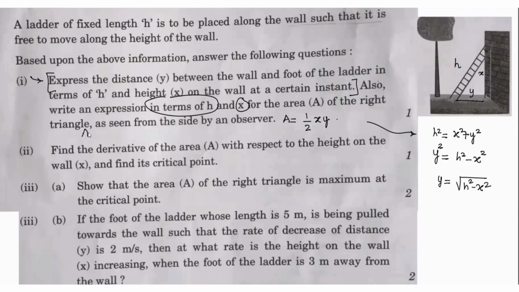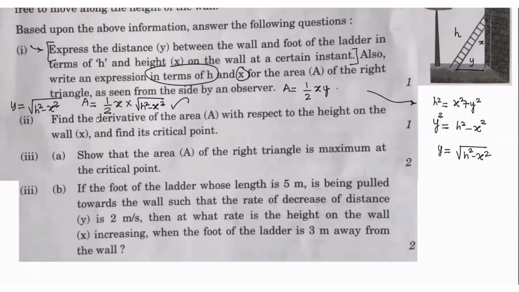So the area will be half times x into root of h square minus x square. So there are two parts: y is equal to square root of h square minus x square, and the area is half times x into root of h square minus x square.